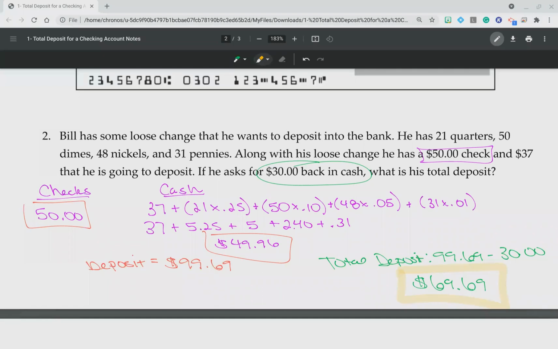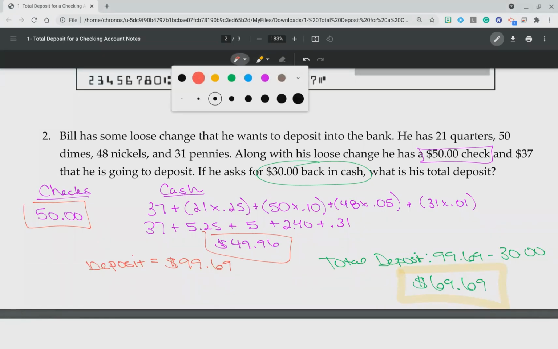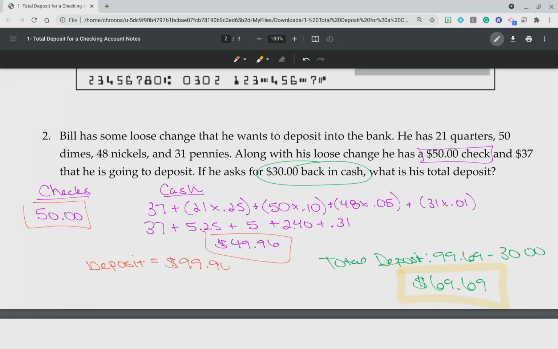And I just realized I flip-flopped my numbers here. This should be 99.96. So then this is 69.96. There we go. Flip-flopped my numbers. Okay, so that's how you would find the total deposit.